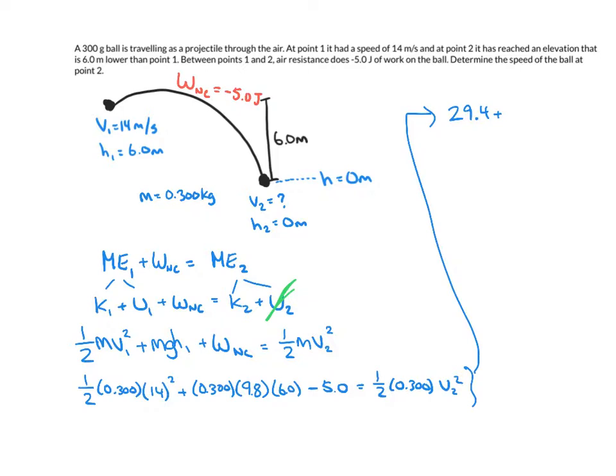That's 17.64 joules. And then the minus 5 joules of work equals, on the other side, half times 0.3, that would be 0.15, and then V2 squared.